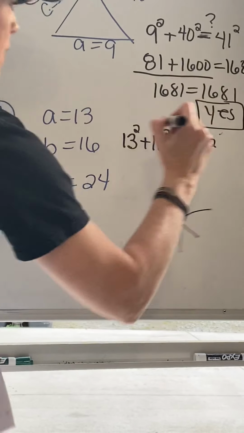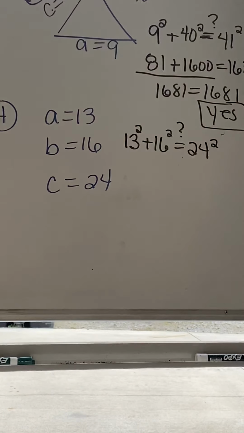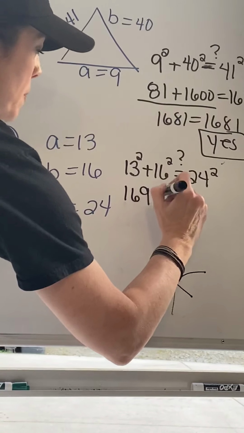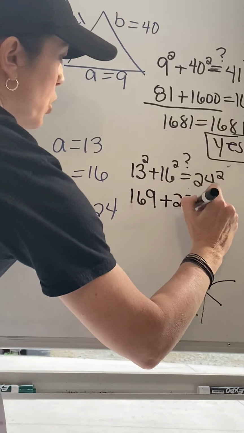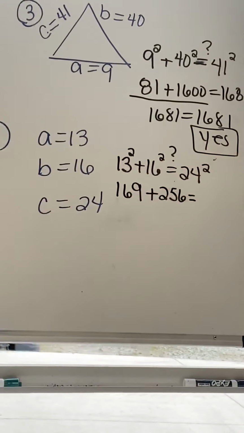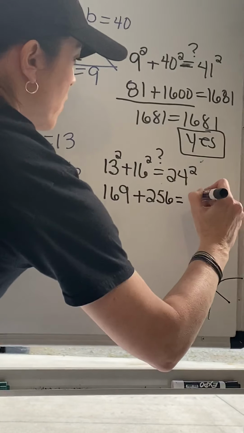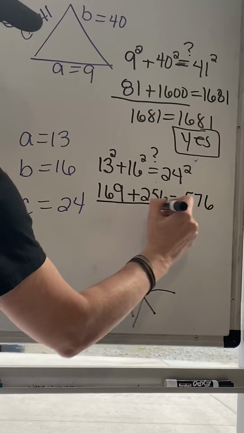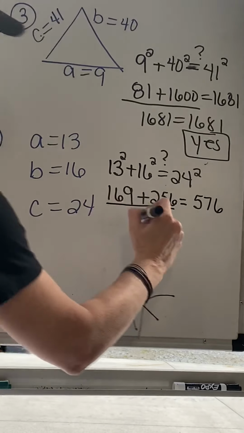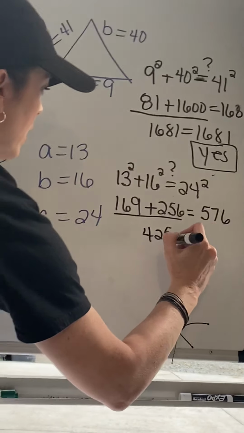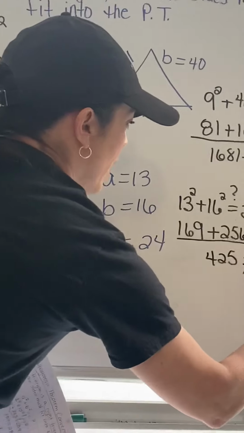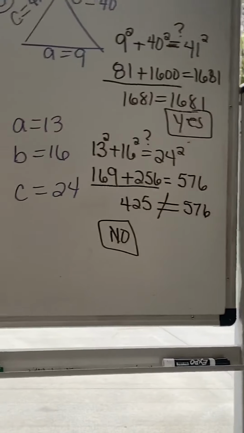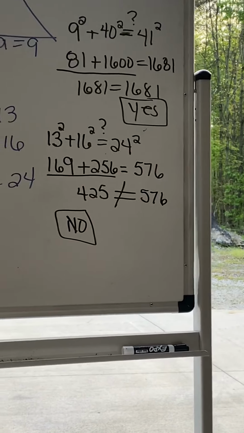I want to know if those numbers fit into the Pythagorean theorem. 13 squared is 169. 16 squared is 256, and 24 squared is 576. If you add these two numbers together, you get 425, and that does not equal 576, so the answer to this is no. Those 3 sides do not make up a right triangle.